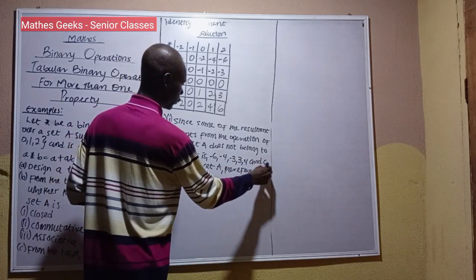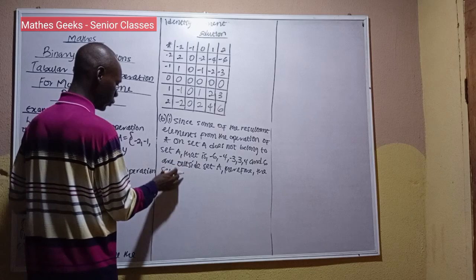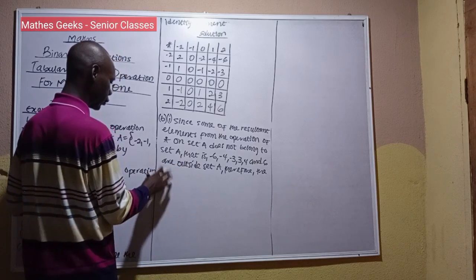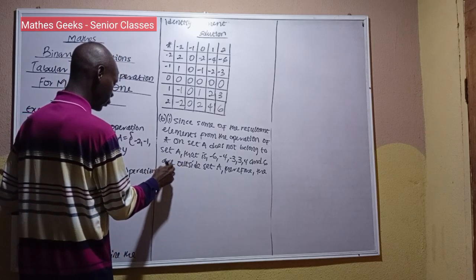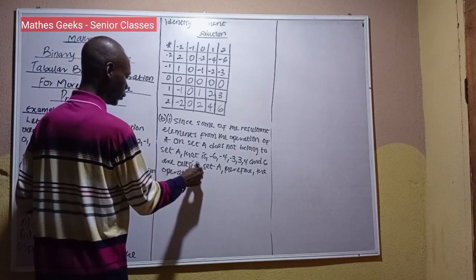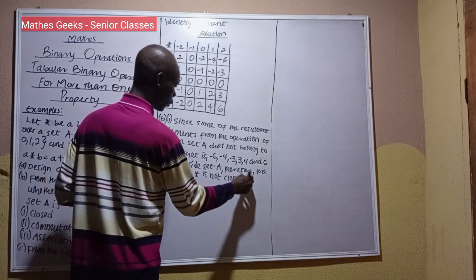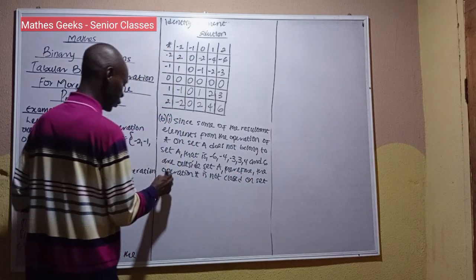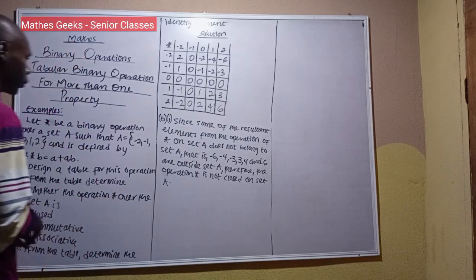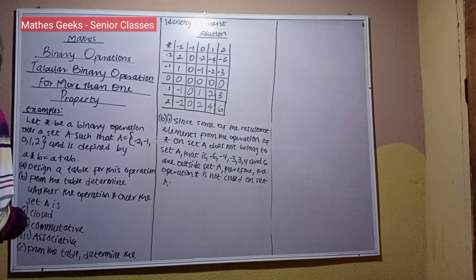Therefore, the operation star is not closed on set A. According to the closure property, if you carry out a binary operation on a set, the result of that binary operation should produce a third element or member which belongs to the set from which the two elements were combined.